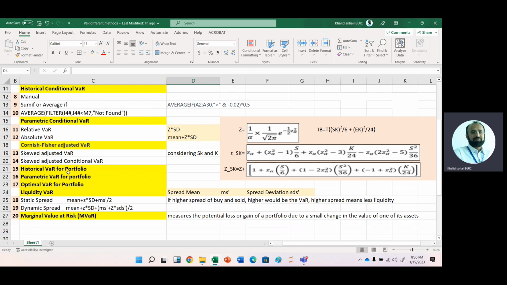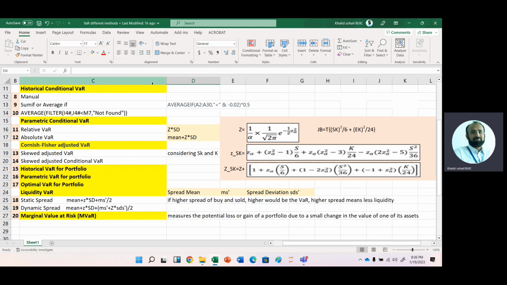And for conditional value at risk, for Cornish-Fisher adjusted value at risk, we have capital ZSK, which is equal to this z that I explained earlier. This is about Cornish-Fisher adjusted value at risk.